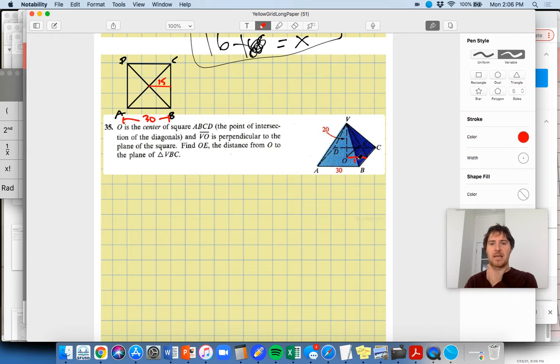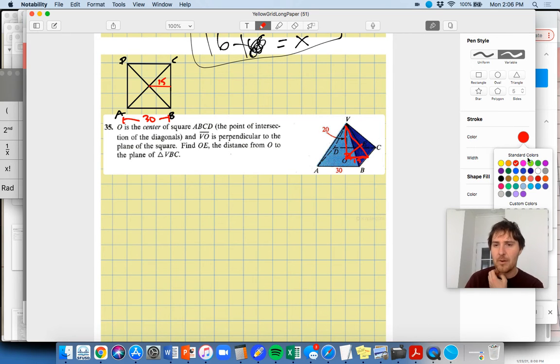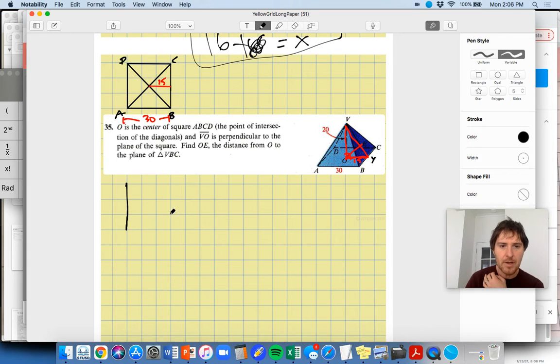That's important because here we have this triangle. We've got to get OE. Technically this is an altitude to the hypotenuse of a right triangle. Maybe I'll break it apart here: VO, and we'll call this Y. VOY is a right triangle.